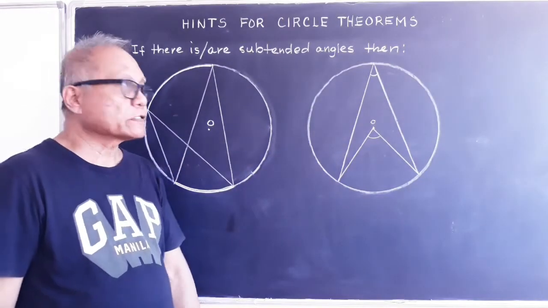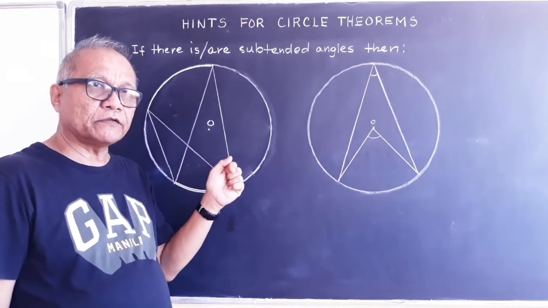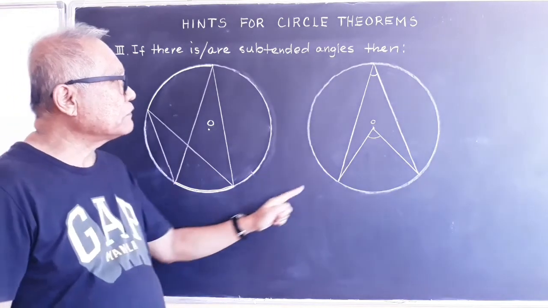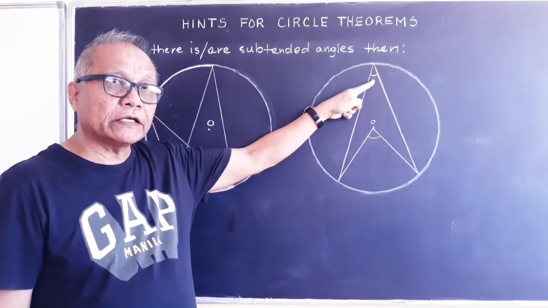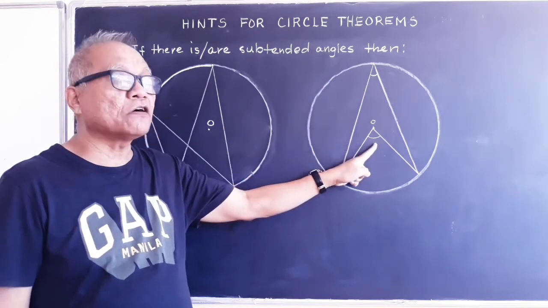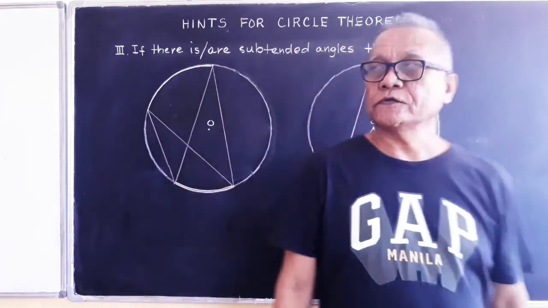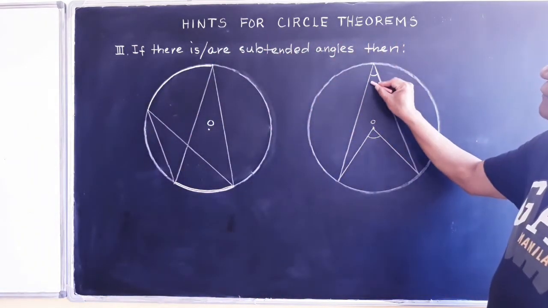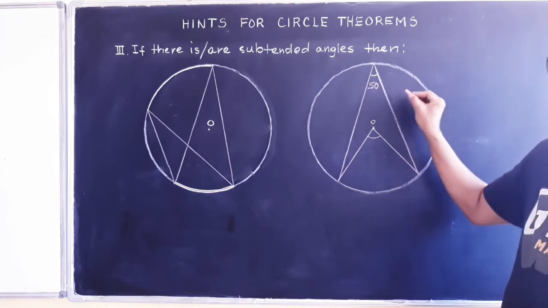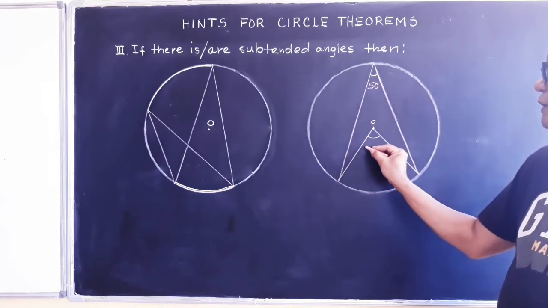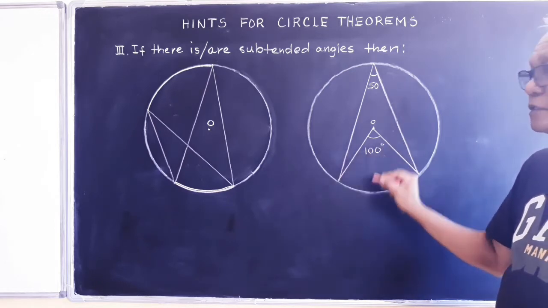The third one is if we have a subtended angle and we have only one, we may have it like this. The subtended angle here is 1/2 of the central angle here. So for example, if we have 50 degrees here, then the central angle is 100 degrees.